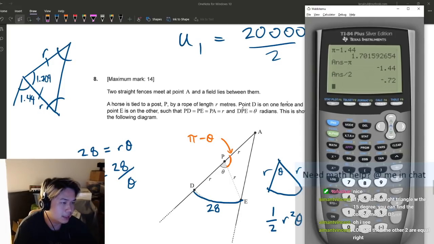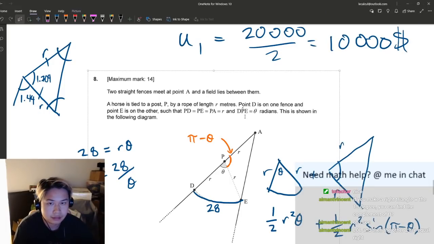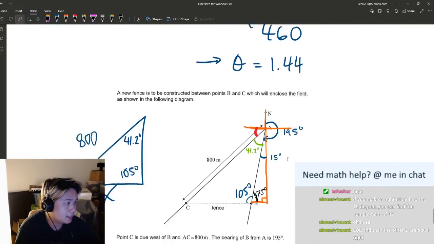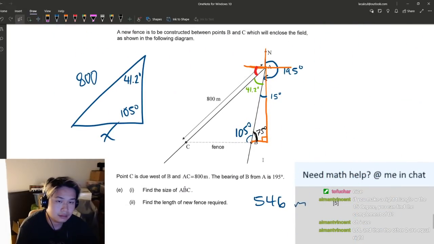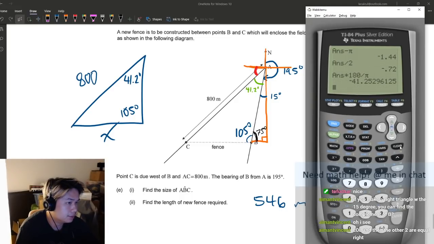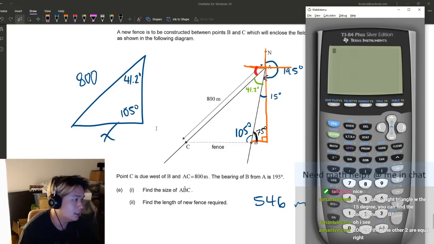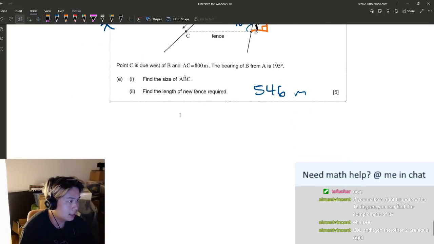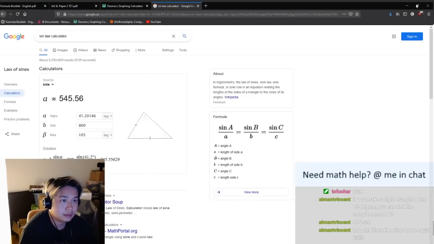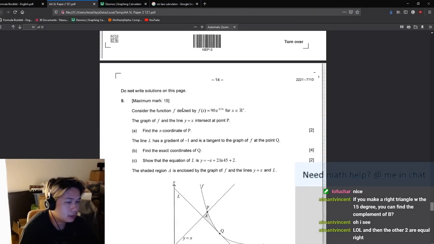So it should be 0.72. I don't know if that's what I had last time, but yeah, okay. That's probably how they wanted you to do it, instead of doing cosine law, sine law. Oh well.